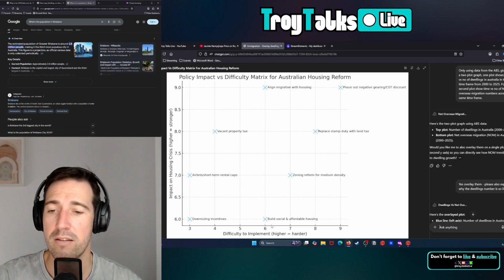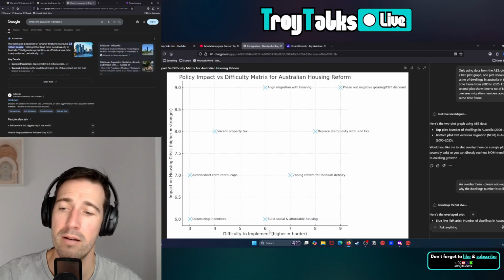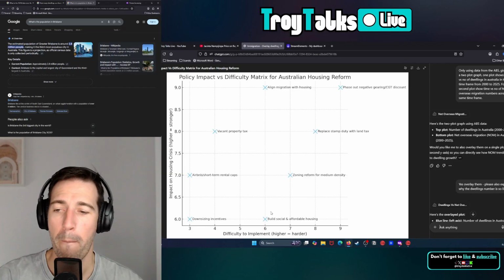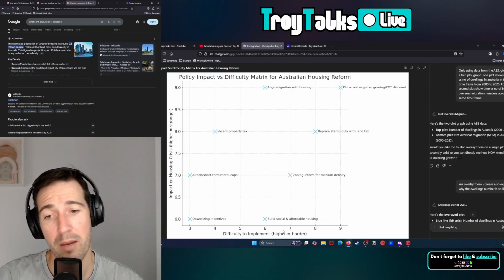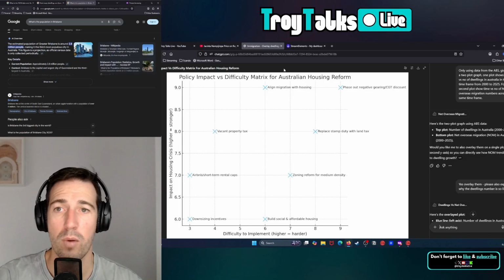Then we go up to the 6. We've got building social and affordable housing with a 6 on the impact. So it's harder than downsizing incentives, but according to this, would have the same impact. Now that is interesting. Just as difficult, align migration with housing, and this is saying it would have one of the top impacts on the housing situation. Very interesting.